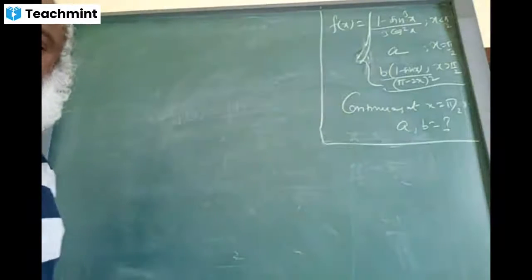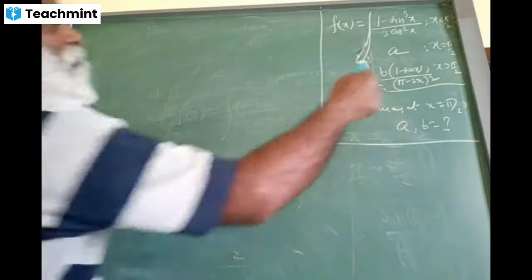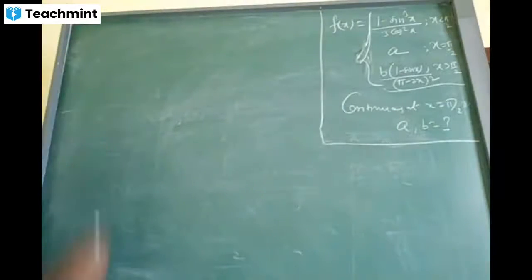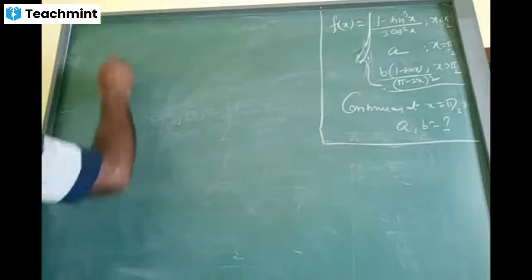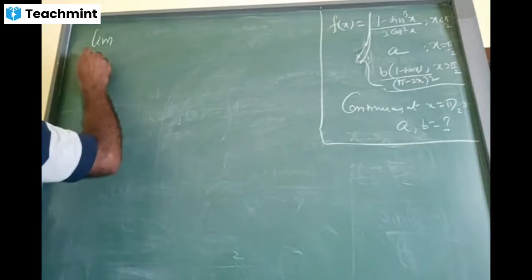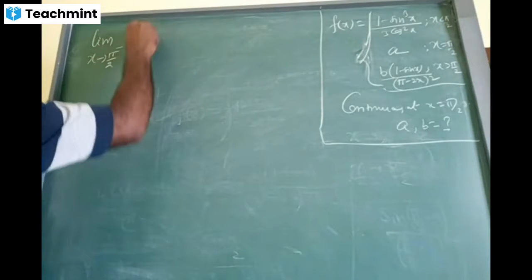Yeah, Akshay is there, right? When the function is continuous at x equal to pi by 2, the mathematical definition of continuity we have told very clearly. We should write like this: limit x tends to pi by 2 minus f of x.